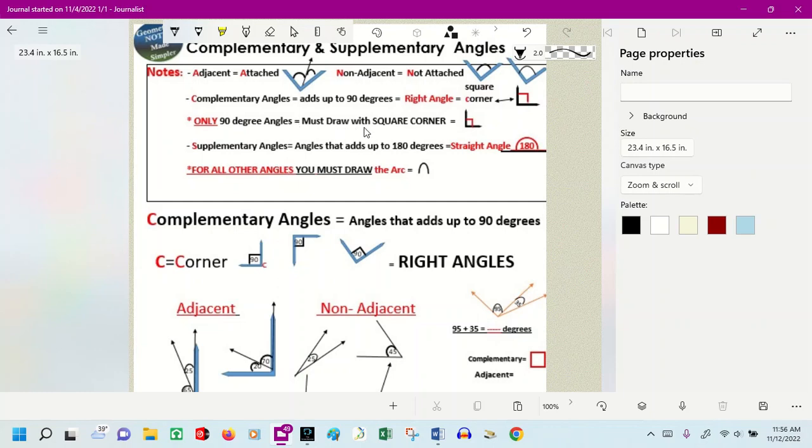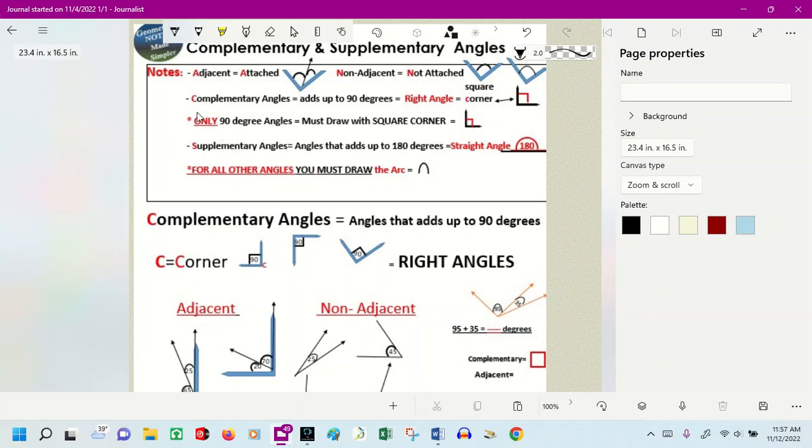And you must draw that square in the corner to represent your 90-degree angle. That is more important than writing the number 90 in that corner right there. You don't have to write that number 90 all the time, but you must always draw that square for the corner of a 90-degree angle. Very important.